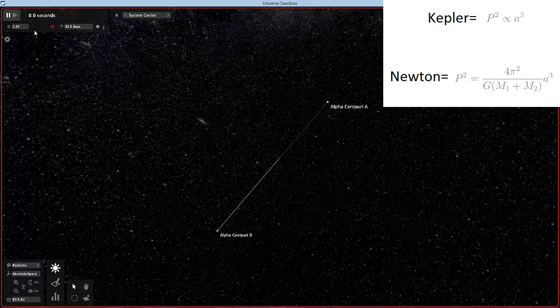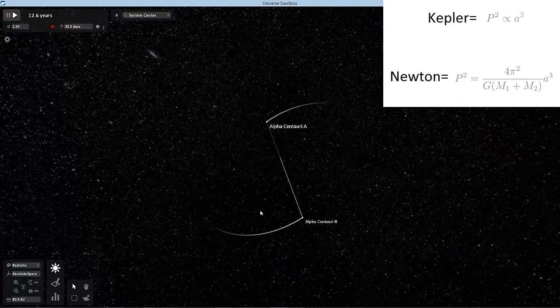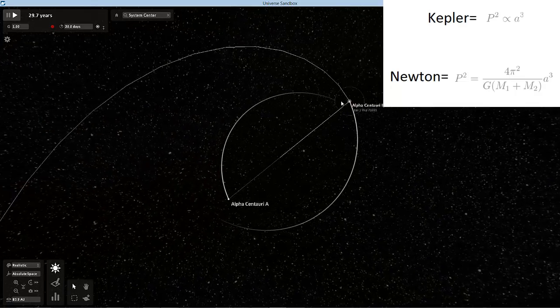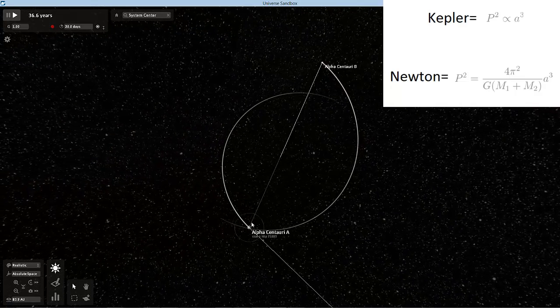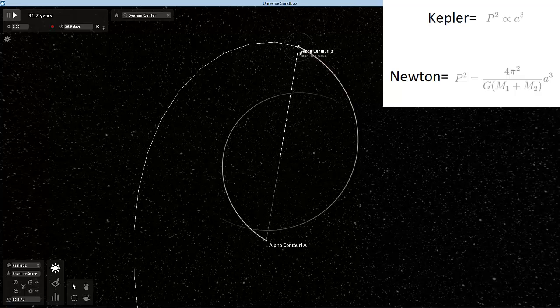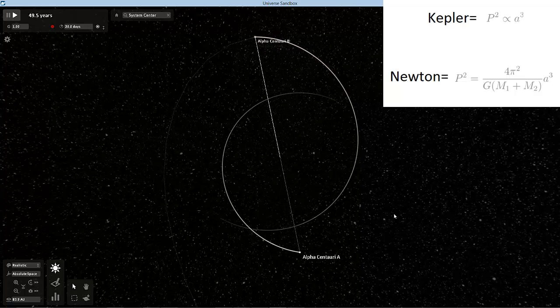And basically what's happening, and let's play this for a little while, is one star is orbiting the other star, which is orbiting the first star.